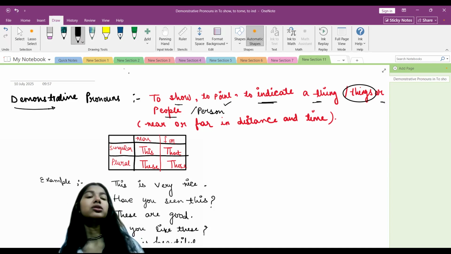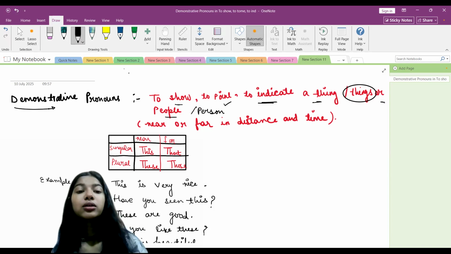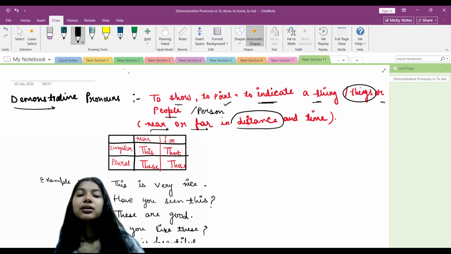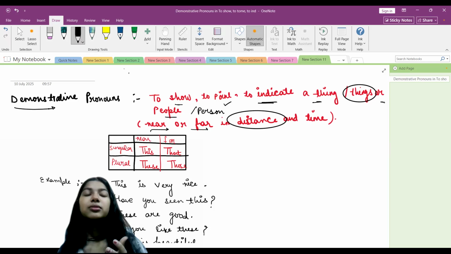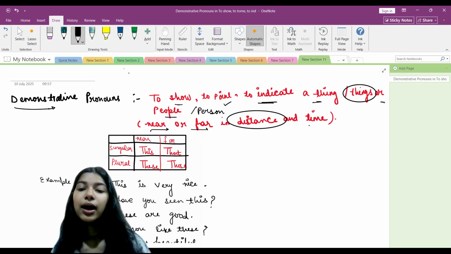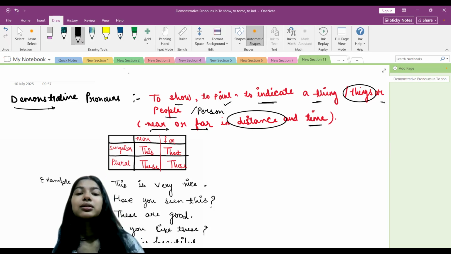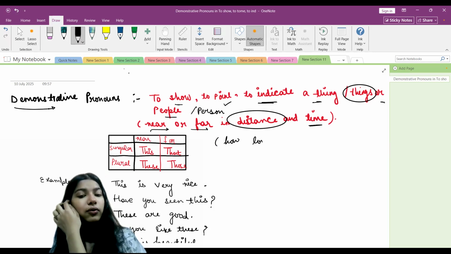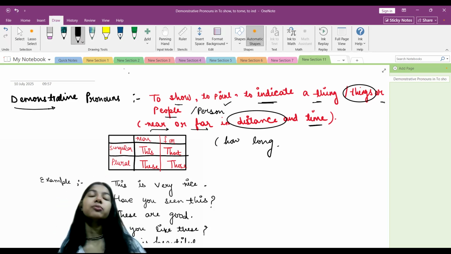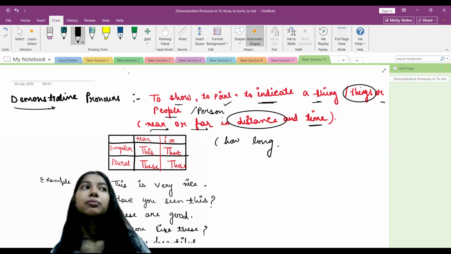Now we can use a demonstrative pronoun to show near things or far things, like the distance. We can demonstrate the distance using the demonstrative pronoun, and time also, meaning how long. We can use demonstrative pronouns for the same.